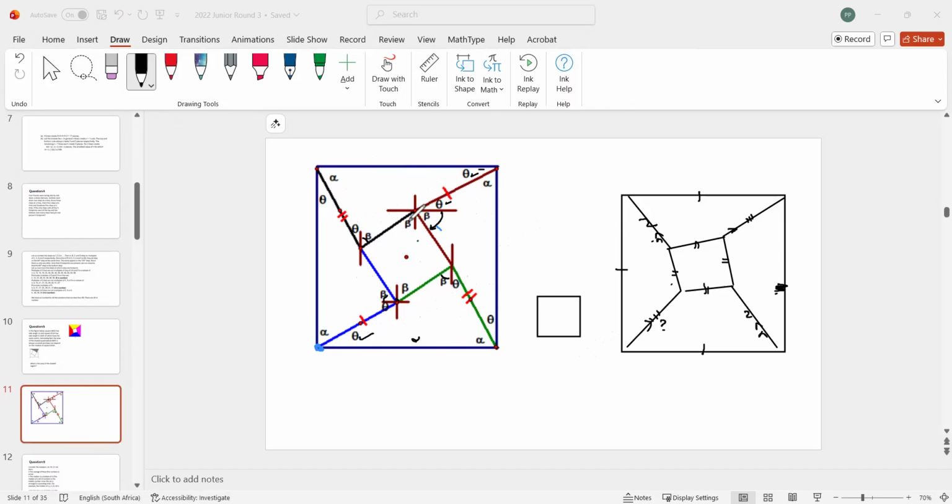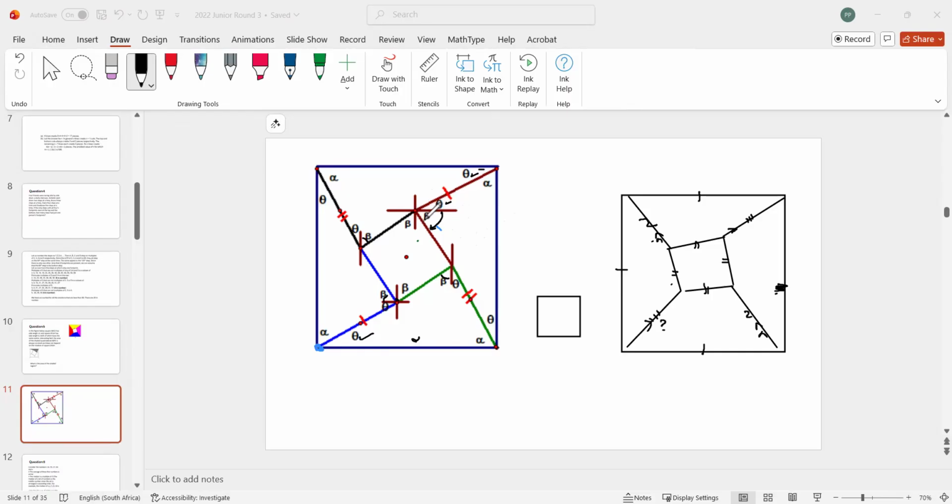Sorry, I wasn't able to actually give a full proof of this, but yeah, there's something else here, namely, these two angles are the same.